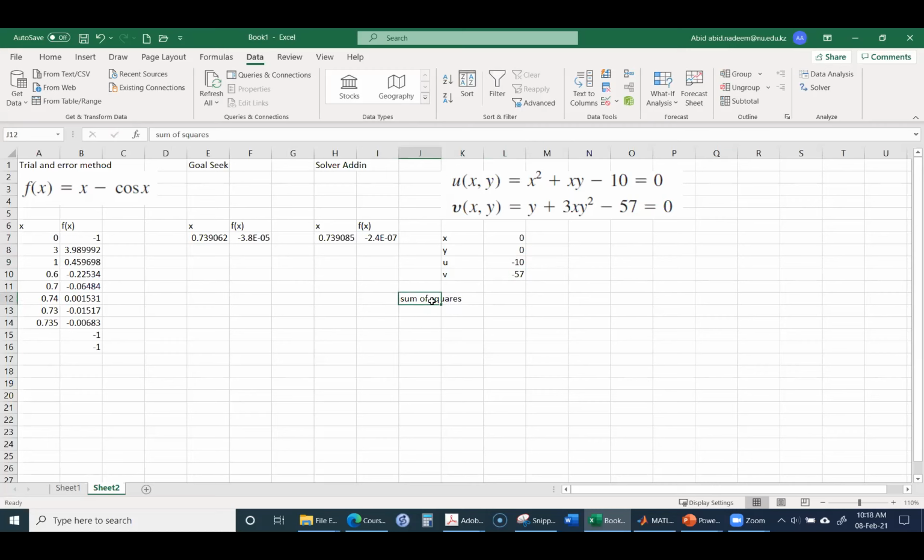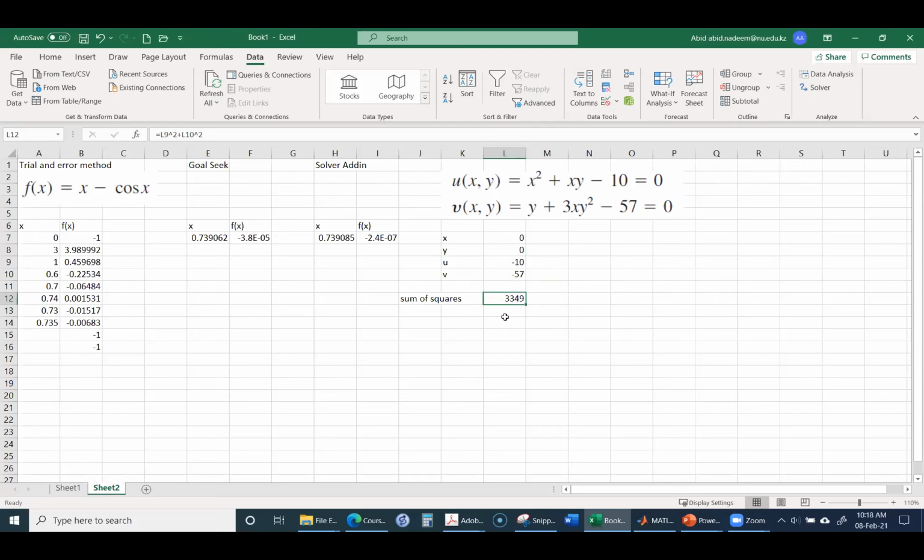So our objective will be that the sum of the squares should be very close to 0. That will be the square of u plus the square of v. Okay, sum of the squares.